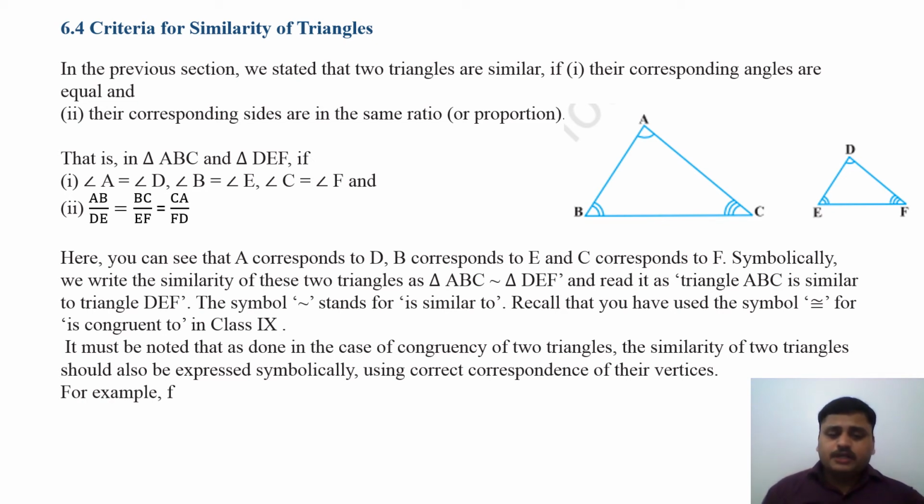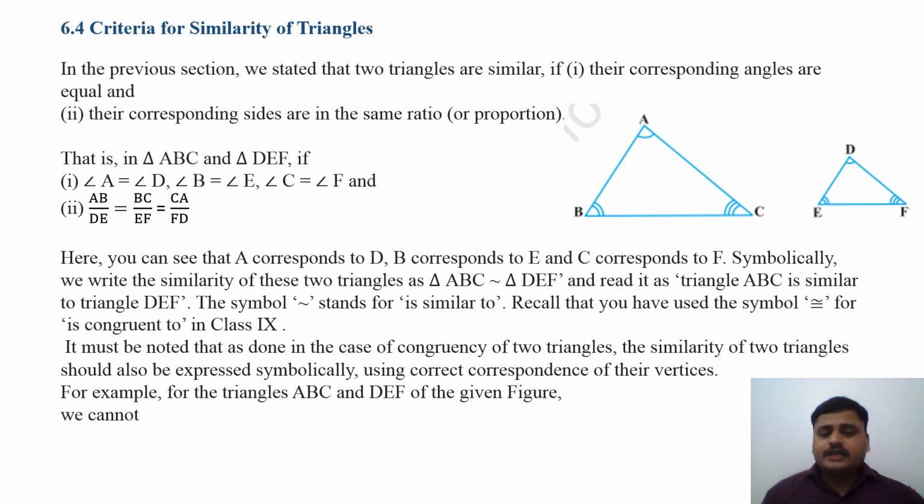For example, for triangle ABC and triangle DEF, if I take this example and write it in symbol form for the given figure, I am going to show you what we can write.